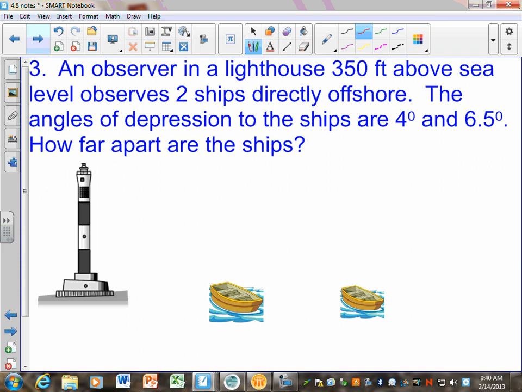I didn't draw a lighthouse. Did you draw your ship yet?